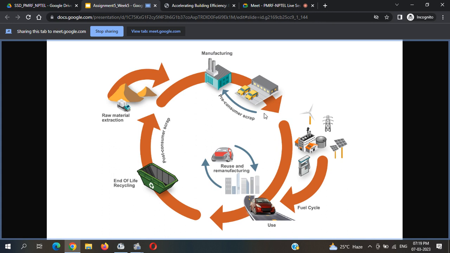You have to see first of all where the material came from. Your product must have been manufactured in a manufacturing facility. For example, this is life cycle assessment for a vehicle or a car. It was manufactured in a factory where cars are manufactured, and then the fuel it used.